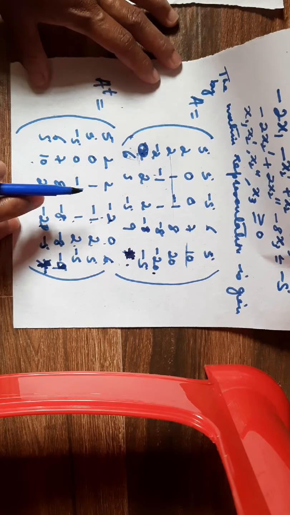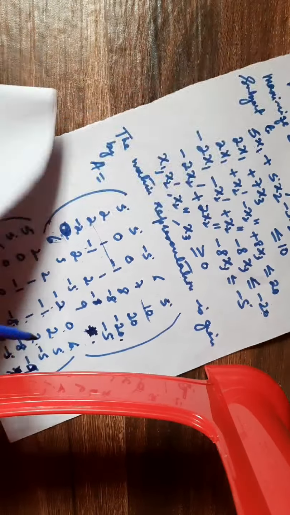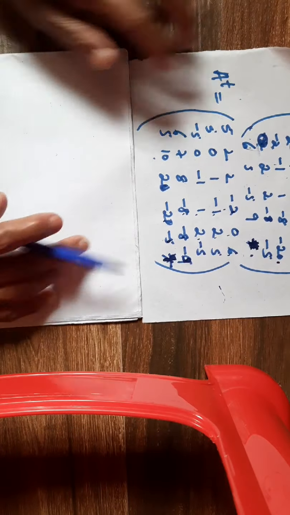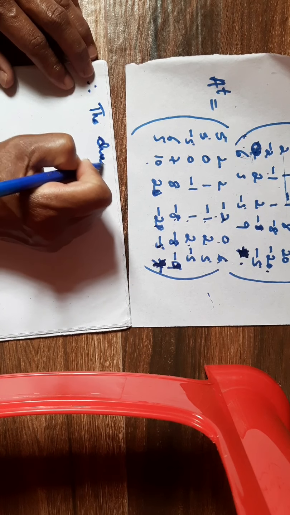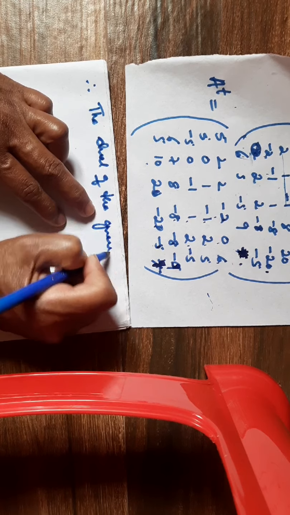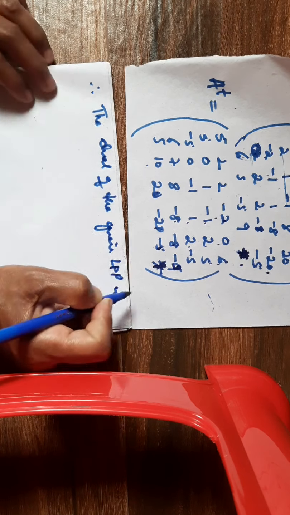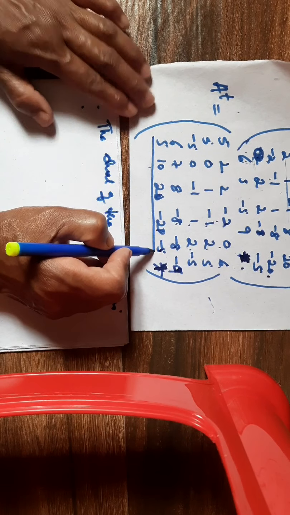So therefore, the dual of this given problem can be written as what now? After getting the transpose, you can write the dual of the given LPP. This will be the objective function.